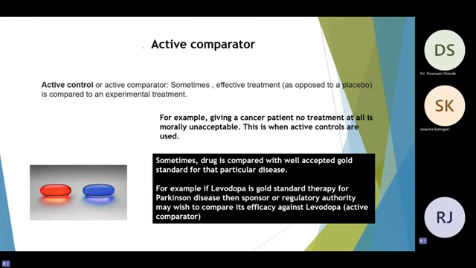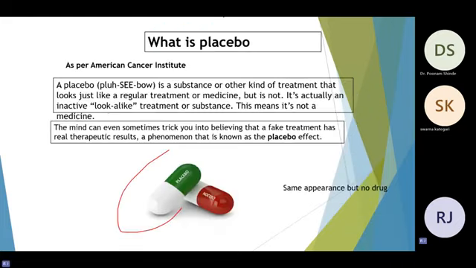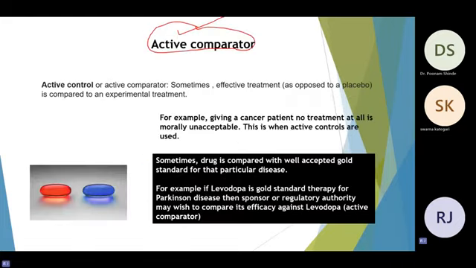For example, if I'm developing a drug for back pain, any painkiller, then everybody knows that diclofenac is the standard treatment for back pain available in the market. So in phase 3, I will try to compare my drug with diclofenac. That standard treatment that we compare in our clinical trial is called the active comparator. We have placebo, inactive, no effect. Then we have active comparator, very active. It's a standard treatment.